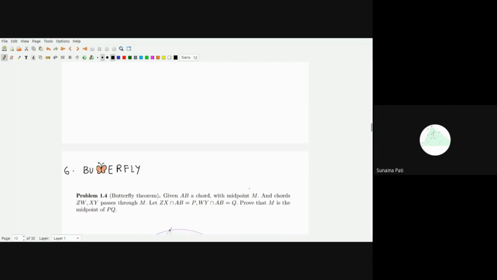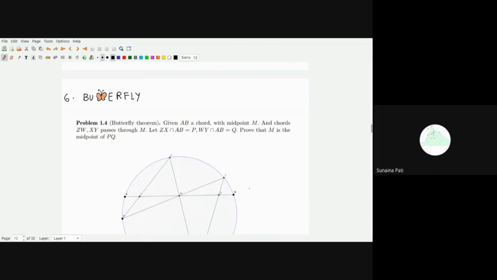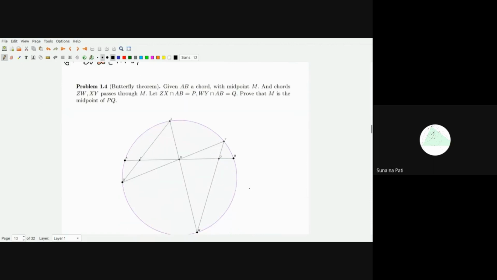Yay. Here's the next problem, which is sort of well known. It's called the butterfly theorem. It says you have a chord AB, you have the midpoint M, and chords ZW, XY pass through M. Now you consider the intersection of ZX and WY.